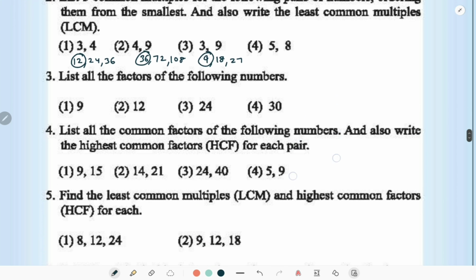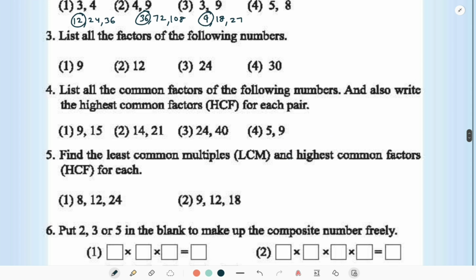Okay, list all the factors of the following numbers: 9, 12, 24, 30. Okay, we'll start with 9. 9 can be written as 3 into 3. 12, 2 into 6, again 2 into 2 into 3. Okay, so the factors here are 3, here 2 and 3.